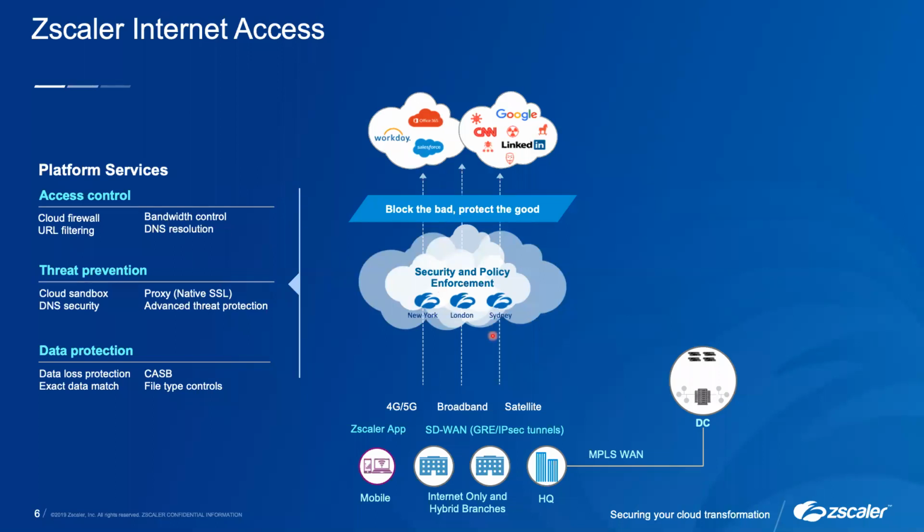That is what the Zscaler Internet Access platform is able to achieve using this architecture. There's a lot more that we can talk about, but I think this is enough to set the background for the problem that we are trying to solve using source IP anchoring. So that's Zscaler Internet Access.